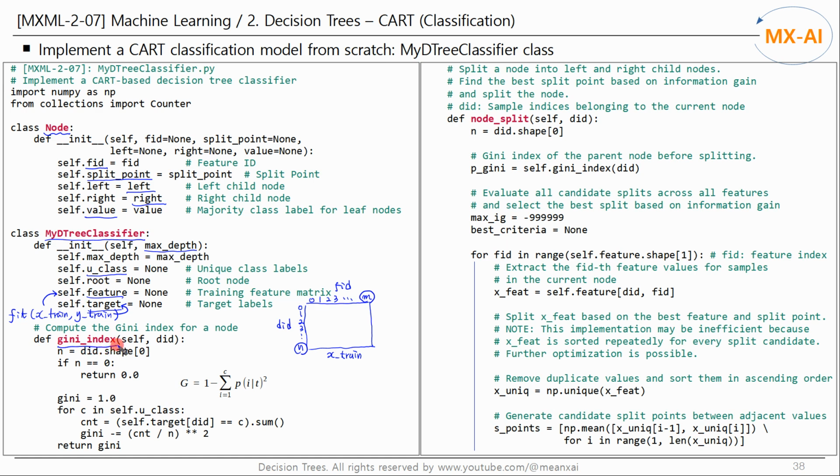First, we define a function that calculates the Gini index of a given node using the following formula. Since we've already covered this formula, I'll skip the explanation. Next, we define a function that splits a parent node into left and right child nodes.